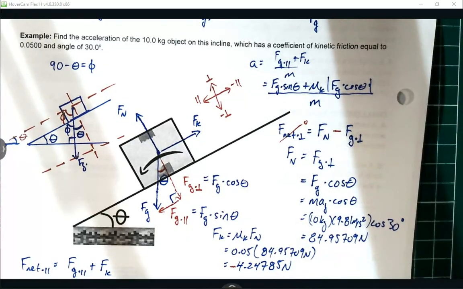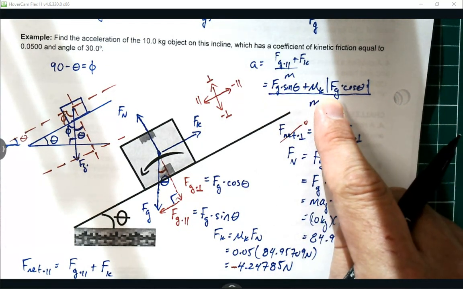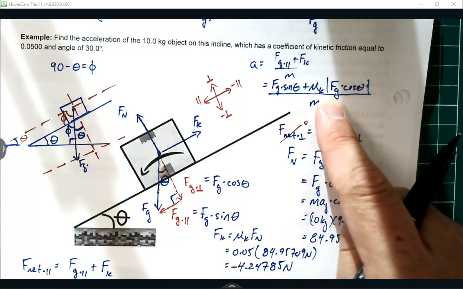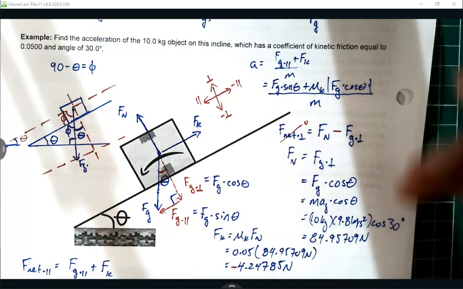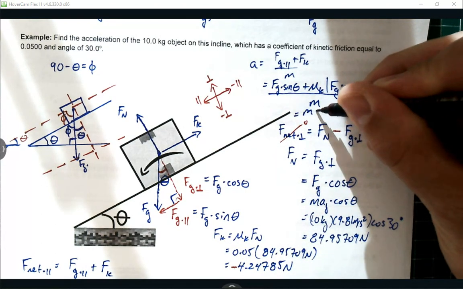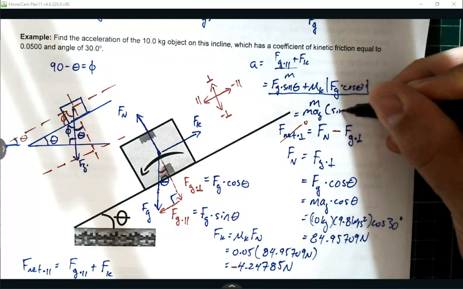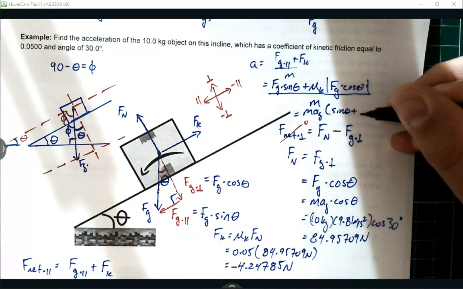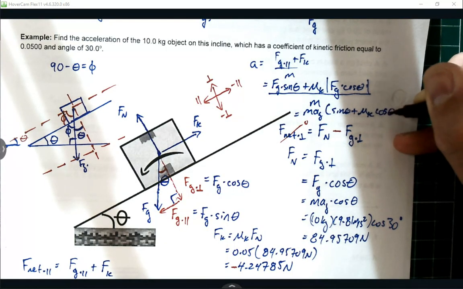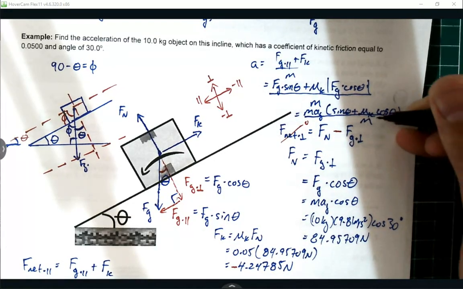And even then we could expand it out a little bit more. We could make those F g's have mass times acceleration due to gravity embedded in them. Or I could factor them out altogether, and we could write it as equals mass times acceleration due to gravity times [sine theta plus mu k cos theta], all of that divided by mass.